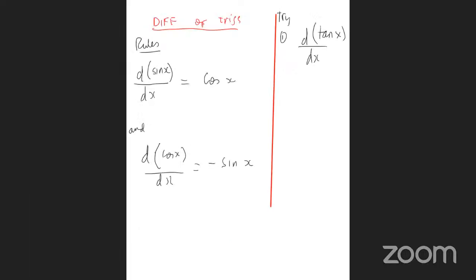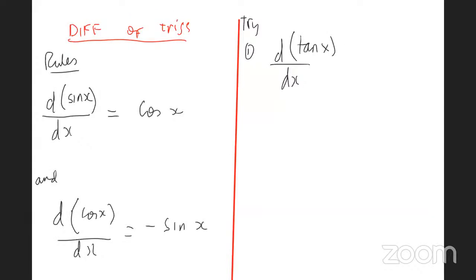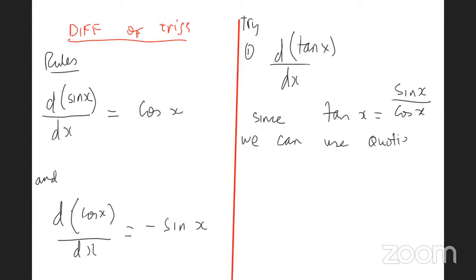Anybody else? What's that? Tan is what? Since tan x is equal to sin x over cos x, very good, we can use the quotient rule. Go ahead, have fun. Differentiate that for me. Use the quotient rule and differentiate sin x over cos x.